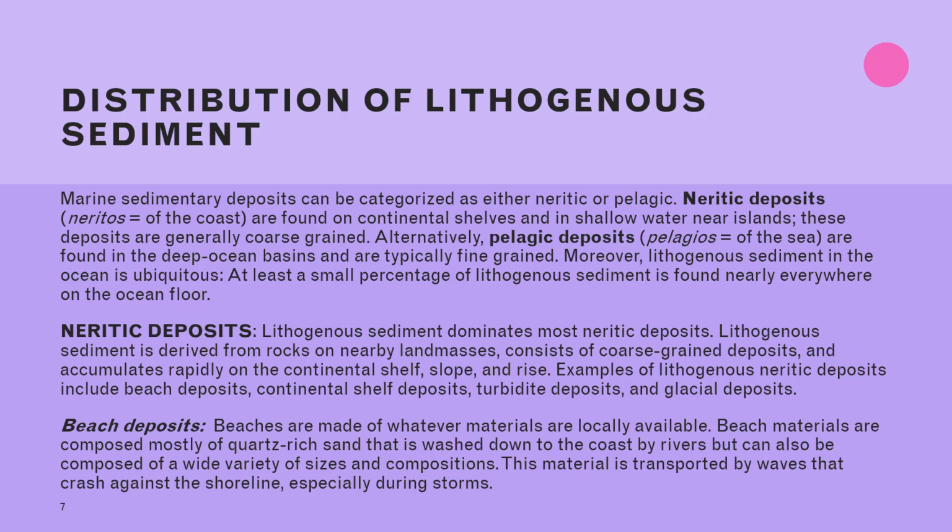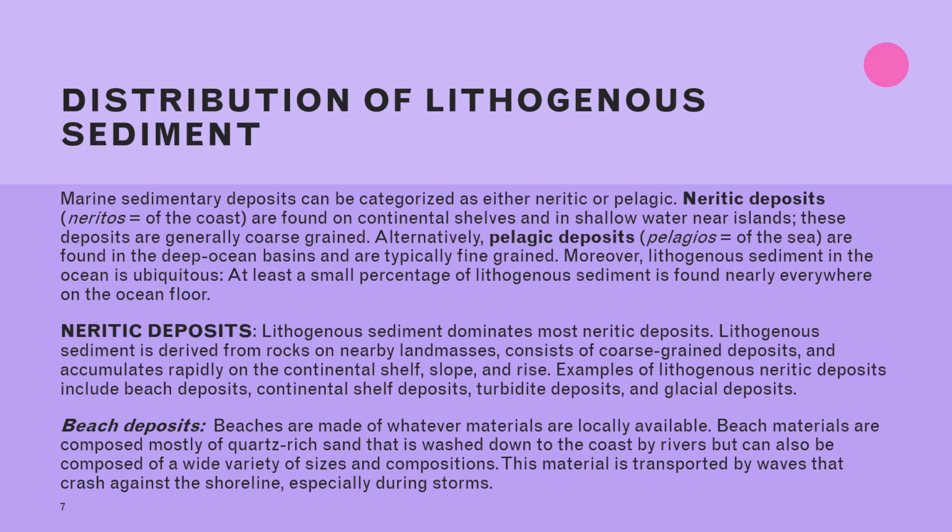Alternatively, pelagic, pelagios meaning off the sea, whereas neritic means off the coast. Pelagic deposits are found in deep ocean basins and are typically fine-grained. And moreover, lithogenous sediment in the ocean is ubiquitous. At least a small percentage of lithogenous sediment is found nearly everywhere on the ocean floor.